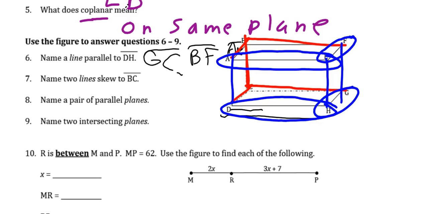So your choices for possible answers here, and you only had to have one of these, is AE, CG, DH, or FE. Any one of those would be skew.